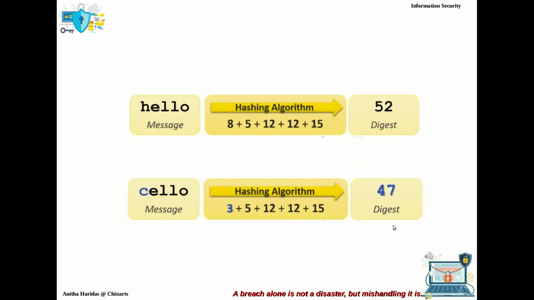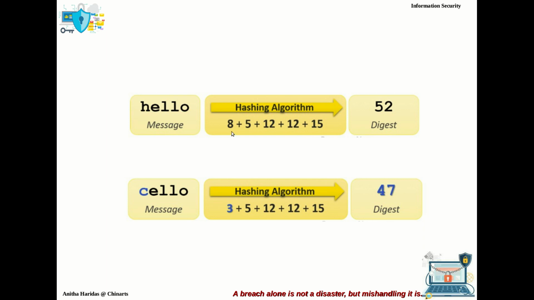Say, for example, if you use a hash function with a simple addition process, and I have a message like hello, these are the alphabetic ordering numbers of the letters.